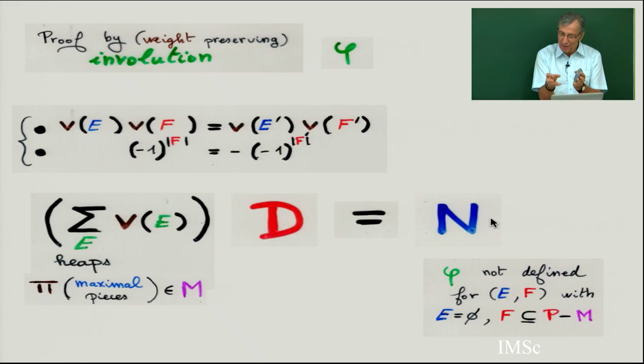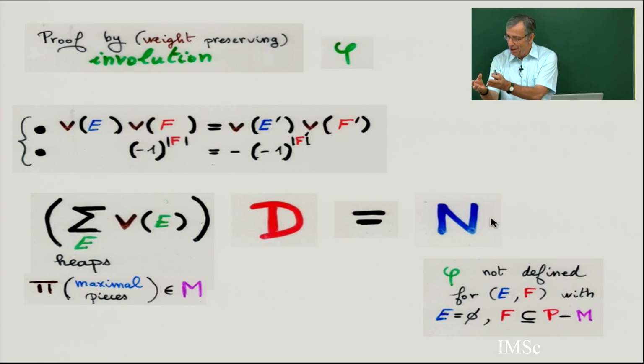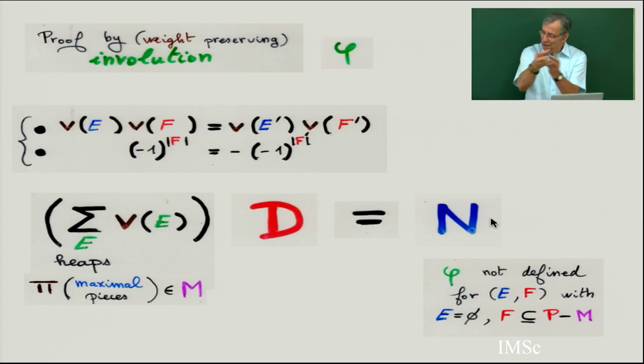But you have to be precise when you define the pairing two by two of such EF. So you have to define an involution, a map phi, which sends EF onto E prime, F prime, and if you apply phi again, then you go back to EF. Involution is equivalent to saying I'm pairing them two by two, but maybe the involution is not defined everywhere. So I confess that this is not a canonical involution.